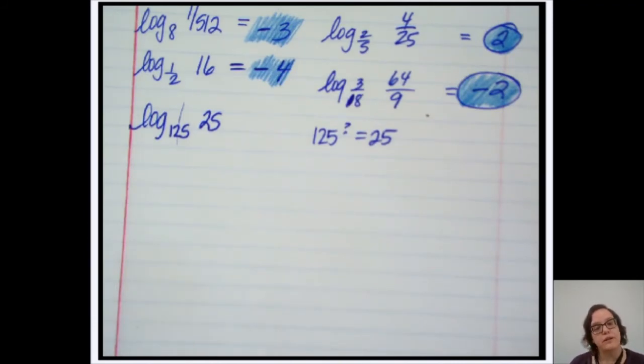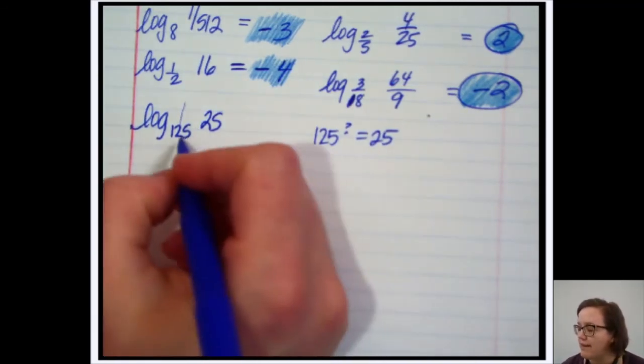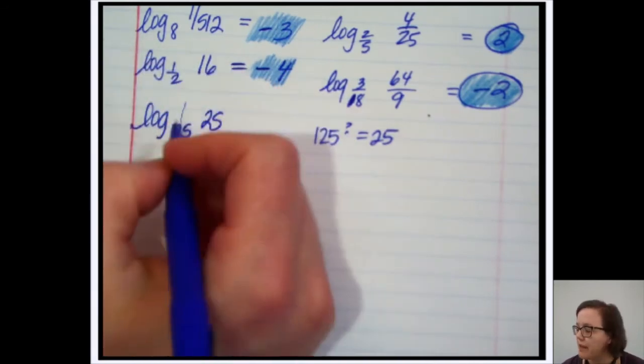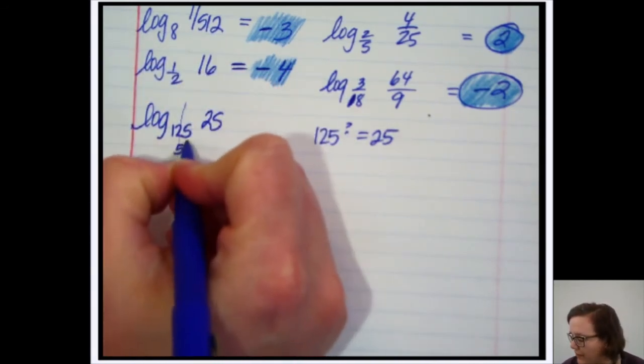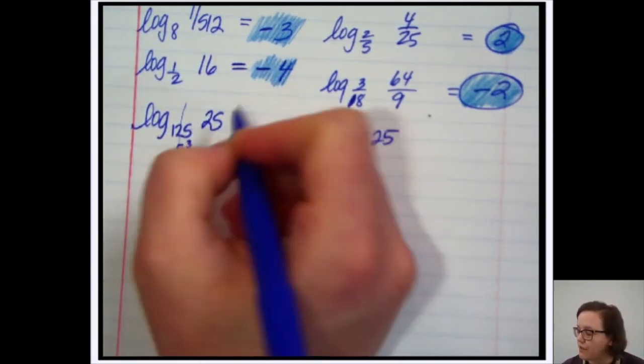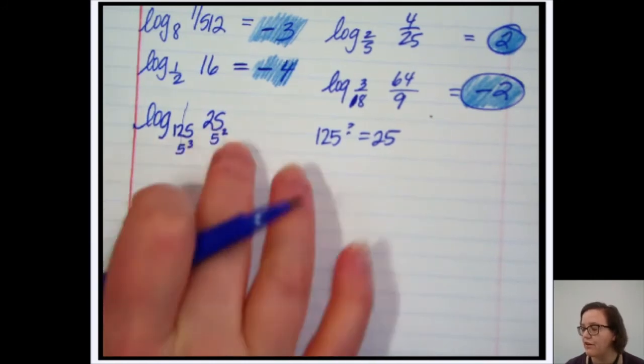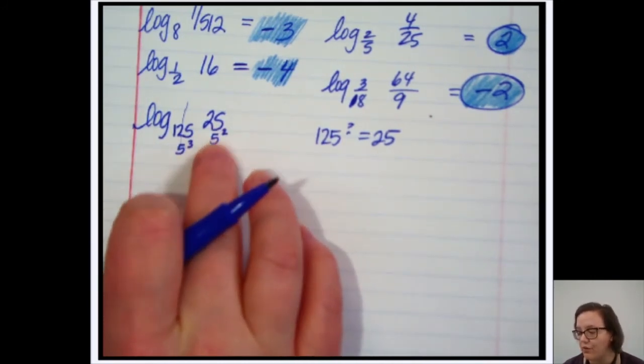But a little trick for you that works is write these as powers of bases of the same base. Okay? So 125 can be written as 5 cubed, and 25 can be written as 5 squared. So 125 is 5 to the 3rd, 25 is 5 squared.